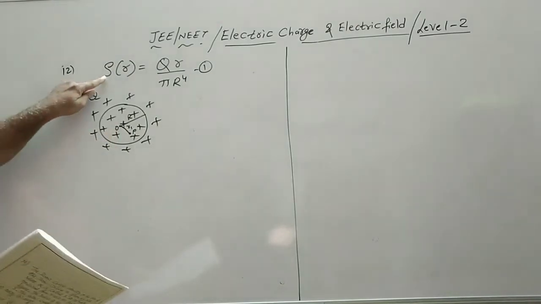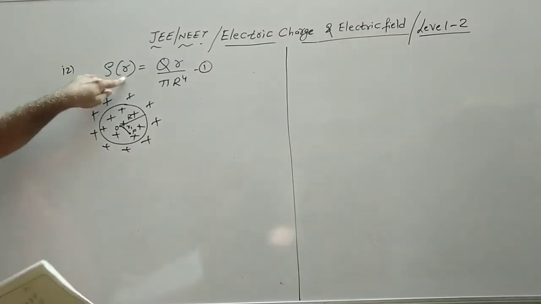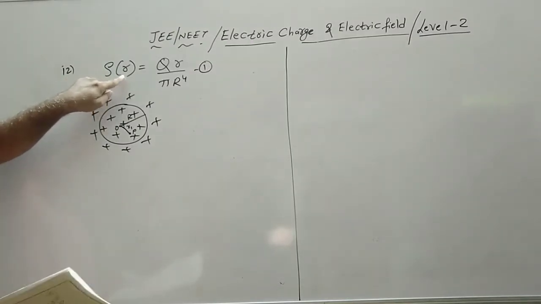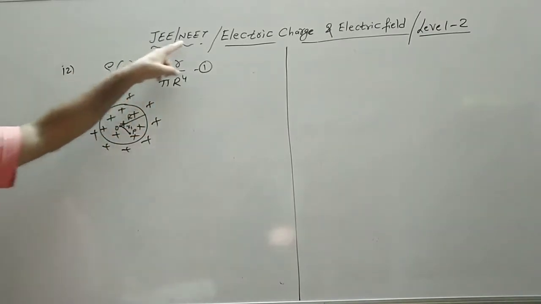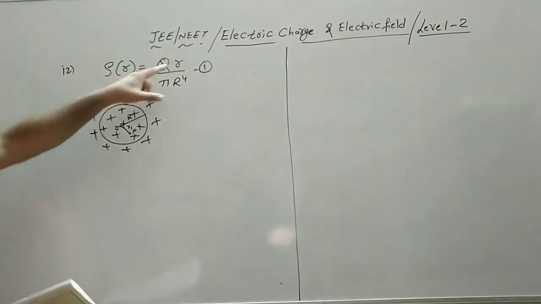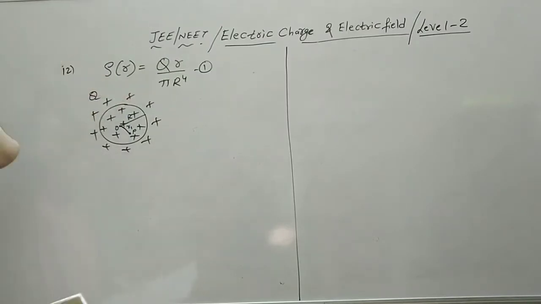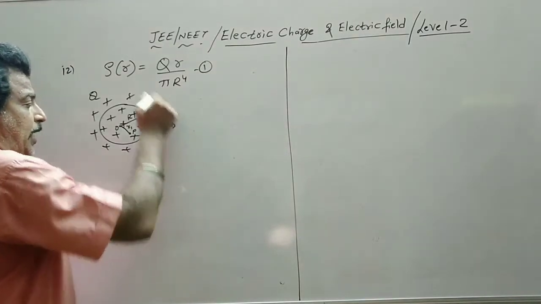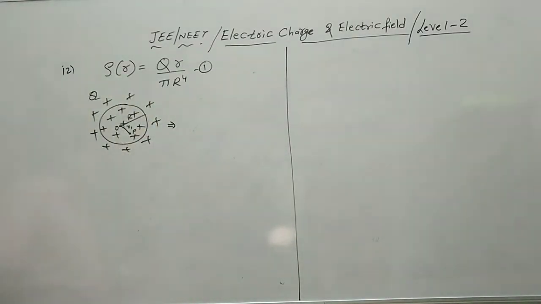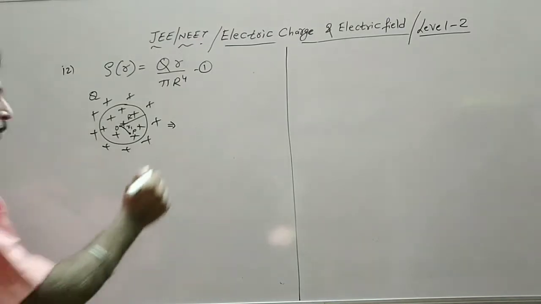Now clearly rho is a function of r, means as the distance changes, the density changes by this relation. So as the distance increases, the density also increases. So it is a non-uniform distribution. So let us assume that this entire solid sphere is again divided into small elements.